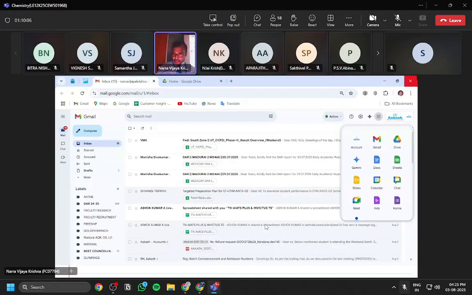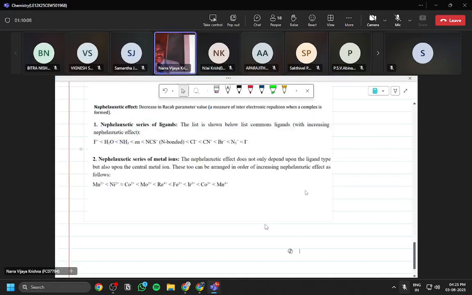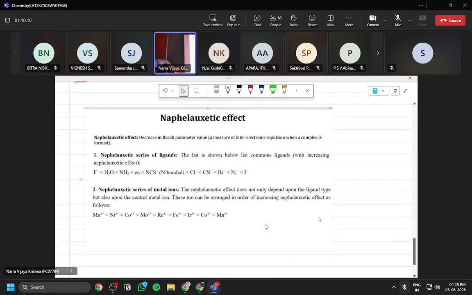Okay, leave it. Now, nephelauxetic series, sir. So what it says? When ligand approaches towards a complex, if ligands form a stable complex, then repulsive interactions between them decrease. We call it the nephelauxetic effect. Nephelauxetic series of ligand. The list is shown below.